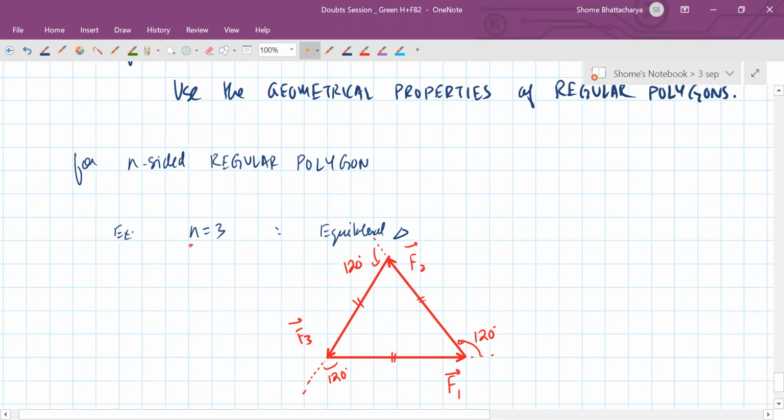So for n equal to 3, you can also see that theta is equal to 360 by 3, or 120.